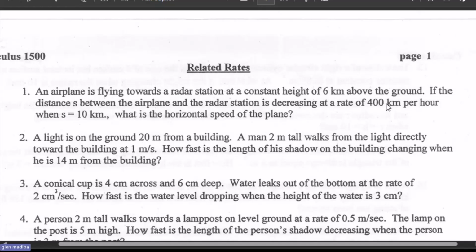Remember, in the previous exercise, where the plane would come to a standstill, or where the plane would stop, that was the point that was referred to as the radar station.